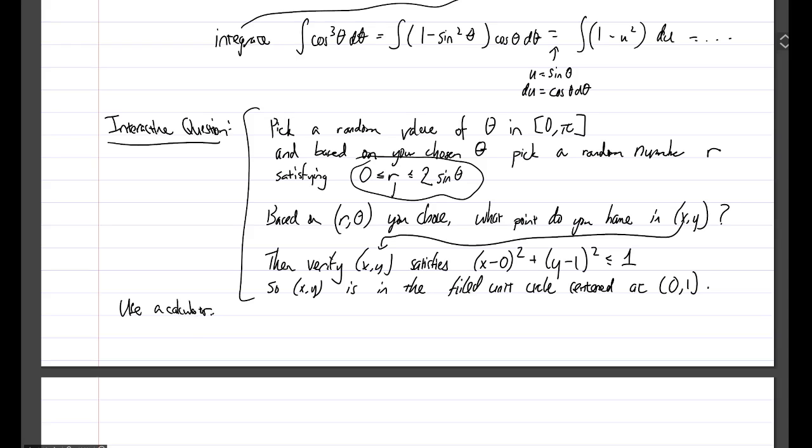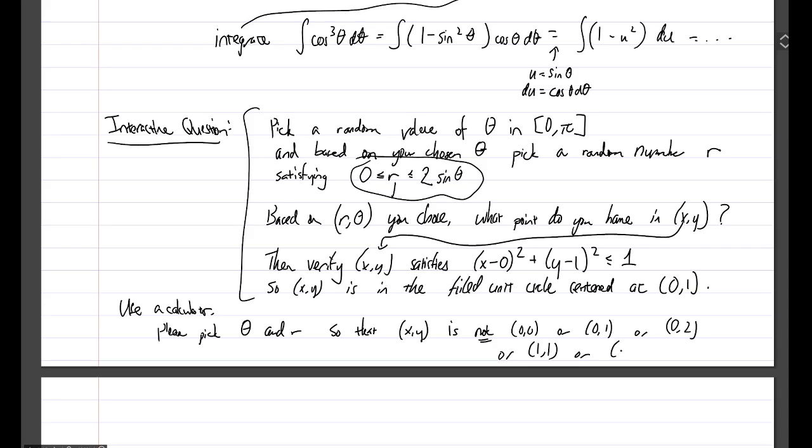And specifically, please pick theta first, and then pick r, so that xy is not one of these predictable points: the point 0, 0, 0, 1, the point 0, 2, the point 1, 1, or the point negative 1, 1.